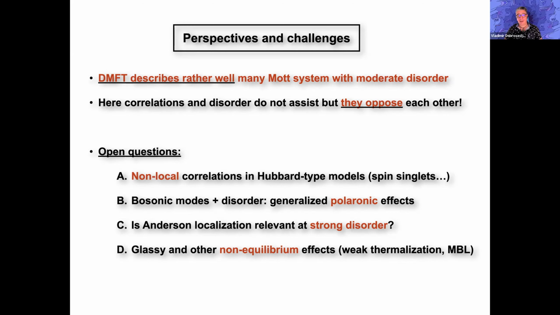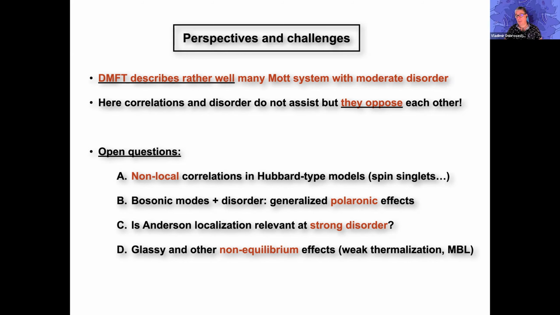And finally, many of these inhomogeneous states that we find are probably metastable. There's a lot of metastability, glassy behavior, non-equilibrium behavior. Some of these bad metals may feature really weak thermalization.